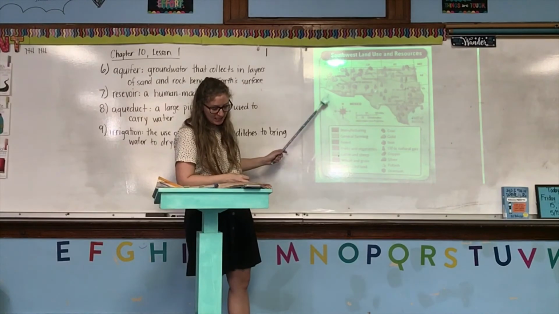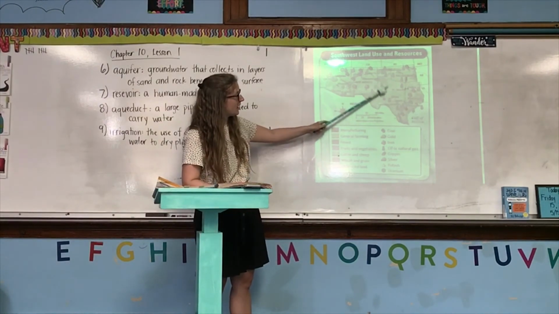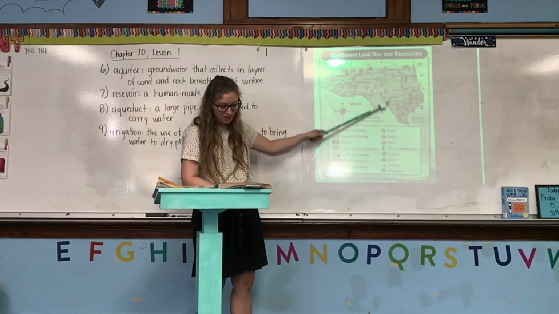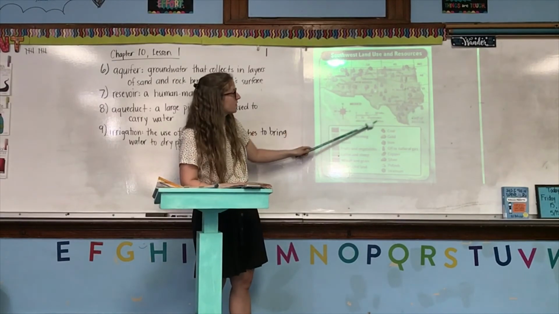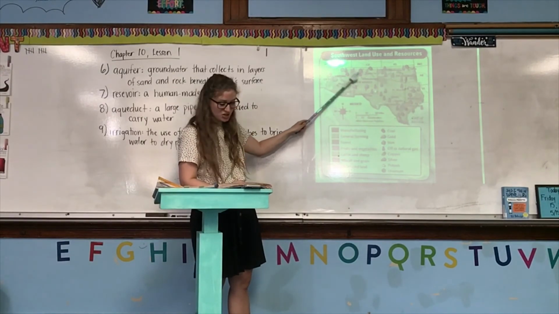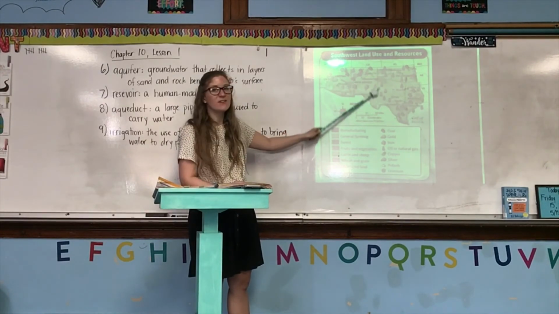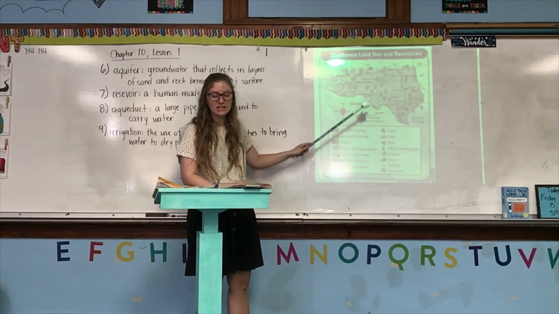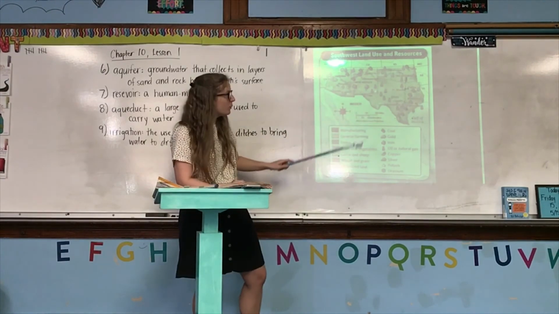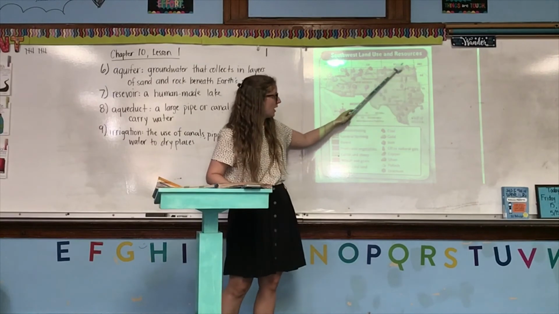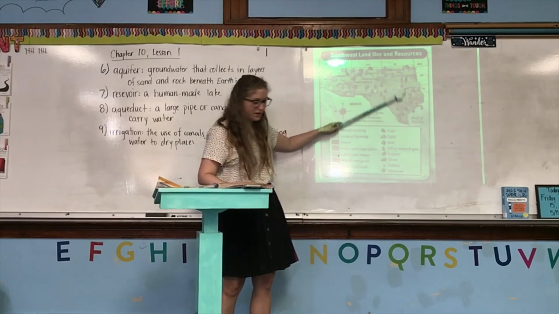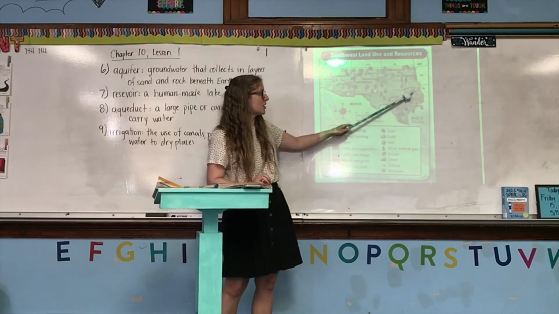So we can see that most of the land in the Southwest is this yellow color, which is used for cattle and sheep. So most of it is used for grazing. We see a lot in the eastern area that is green, so that is more general farming.